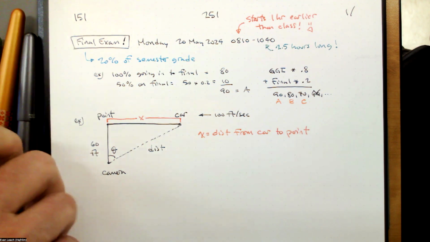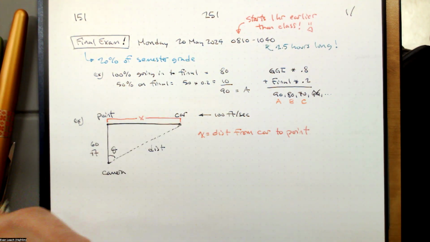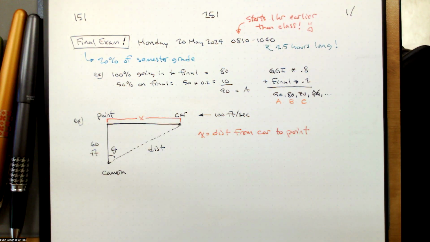I think I call that point C, so everything would be labeled with C. I don't know why I did such a mean thing, but I did. So x can be the distance from the car to the point, and now we can give a name to that 100 feet per second. That's how x is changing with respect to time.